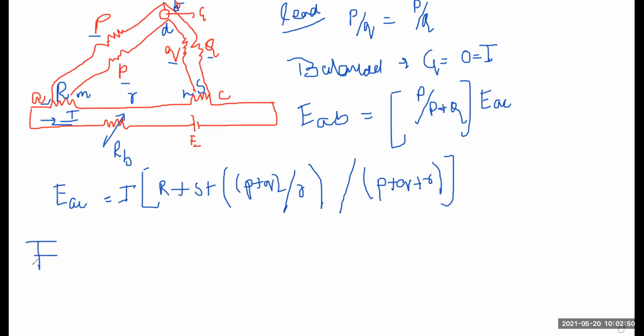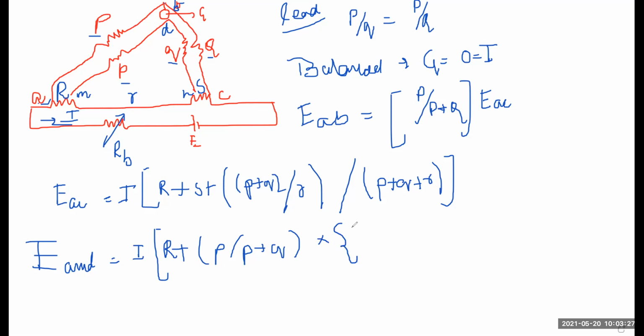Another you have to take is for EAMD. What will be EAMD? It will be similar to this I, but a longer derivation you have to put. If you have a copy, please write down whatever I am writing. R plus, here you take the small resistance P divided by P plus Q, then close the bracket and put a multiplication sign.